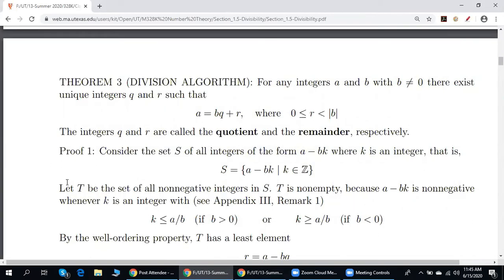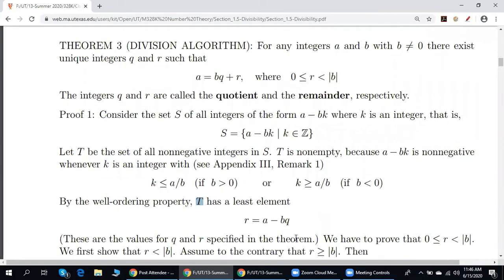All right. Since T is the set of all non-negative integers, and since T is non-empty, we can apply the well-ordering property. By the well-ordering property, T has a least element.